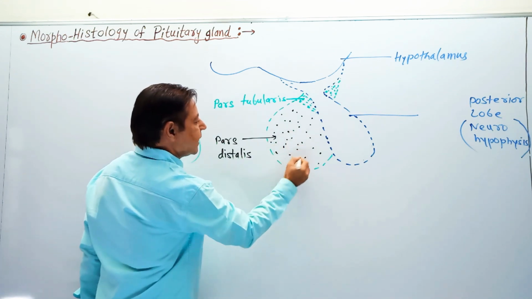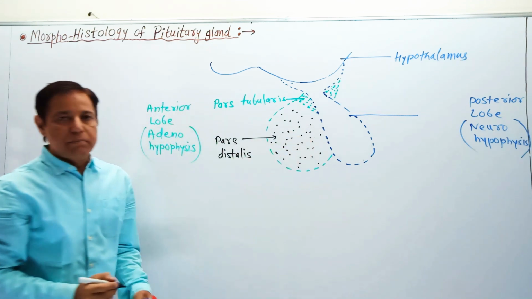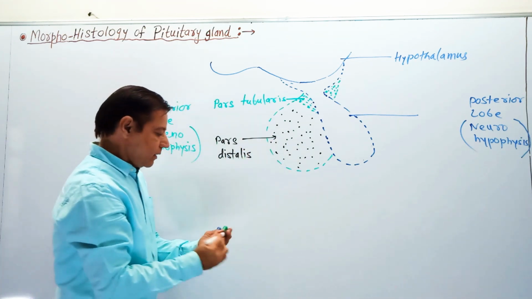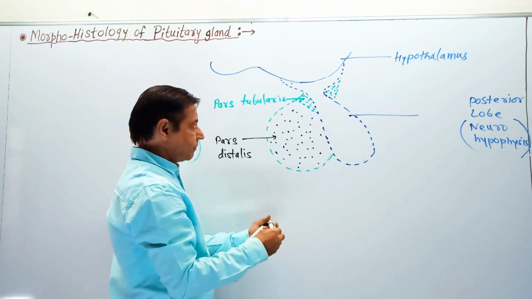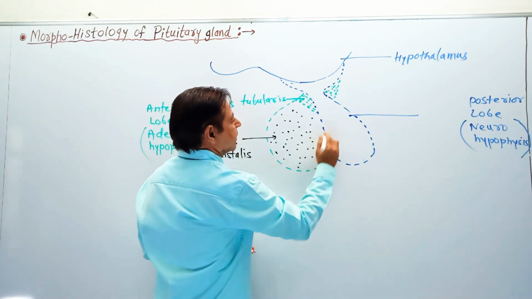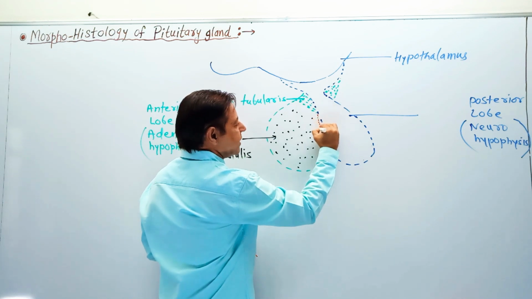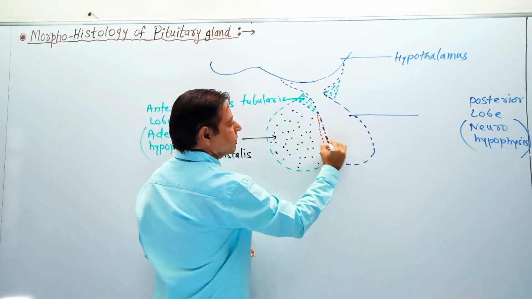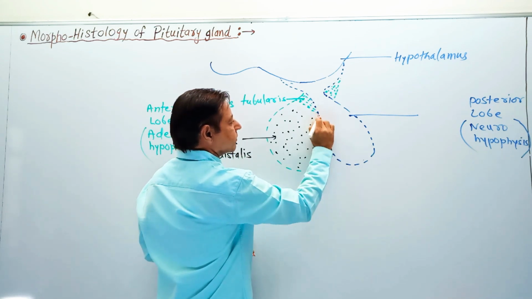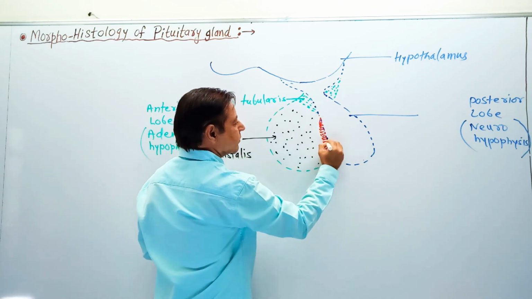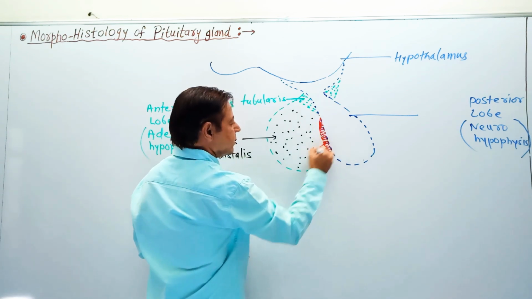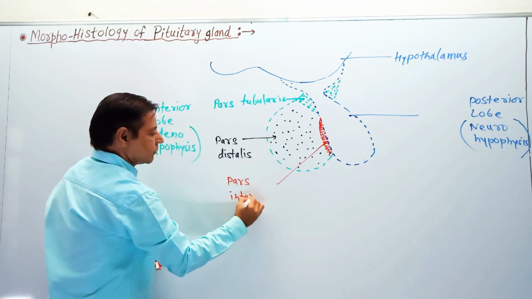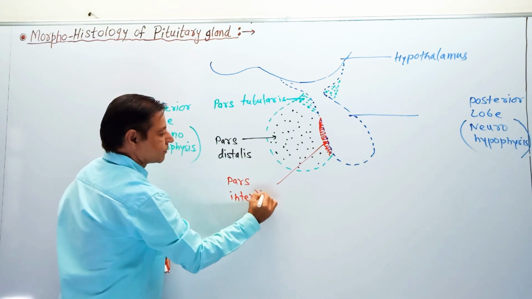Big one, secretory, more functional part, major part of the anterior pituitary is pars distalis, and the intermediate part, intermediate lobe, intermediate part is very small and reduced. This is called pars intermedia, means intermediate part.